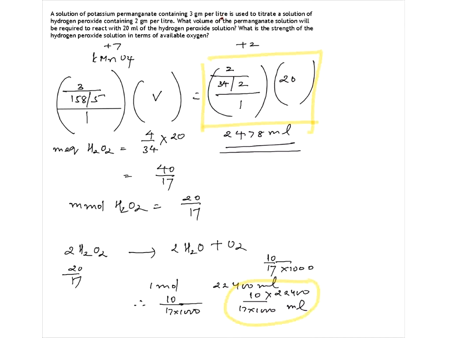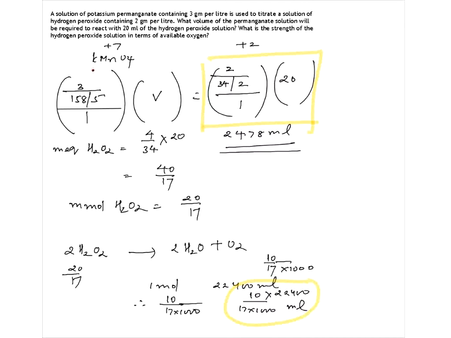Let's say we want moles per liter. Then for KMnO4, can you calculate the mass and see if you are getting 158? Potassium you can take 39, manganese you can take 55, oxygen 4 means 64.